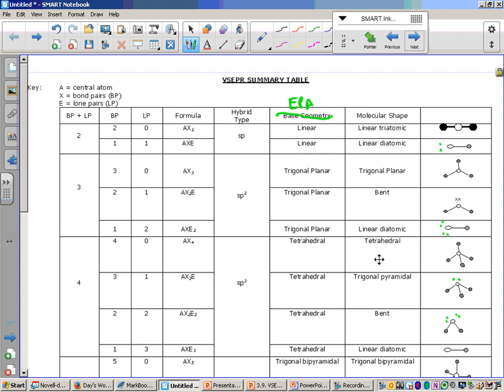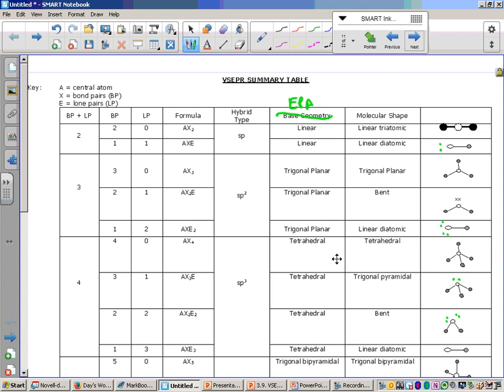That's water. Water is two lone pairs, two bond pairs, bent. All right? And again, if you've just got one bond pair and three lone pairs, again, it's diatomic, right? The E's don't count in there. The E's are just the electron pairs. So the formula for that thing would just be AX. And even though it starts as a tetrahedral, it's linear again. When you've only got two, it's linear.